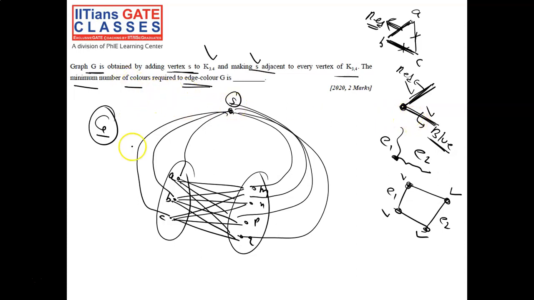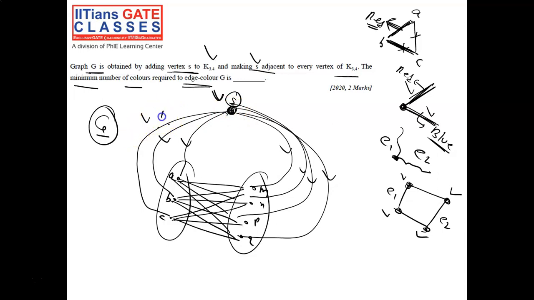Now if we want to edge color this graph, you can notice one thing. See, these 7 edges all share a common endpoint S. So all these 7 edges must get different colors.